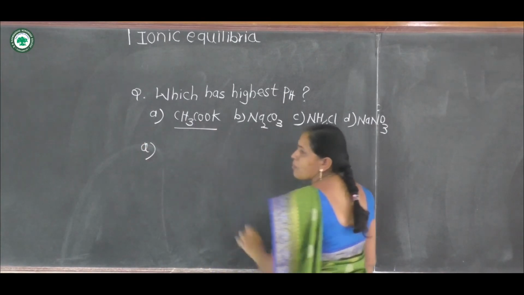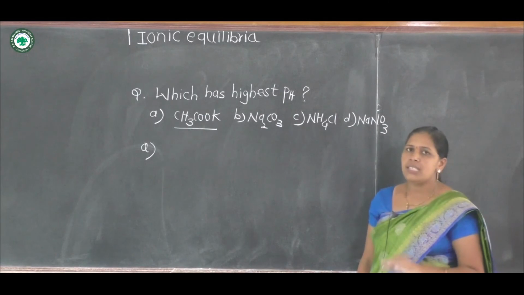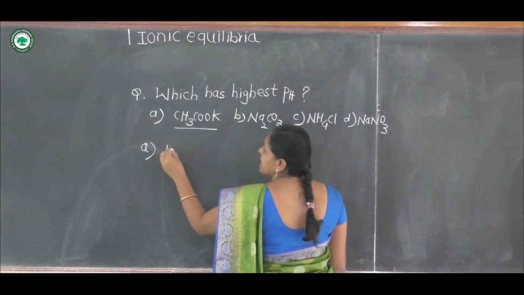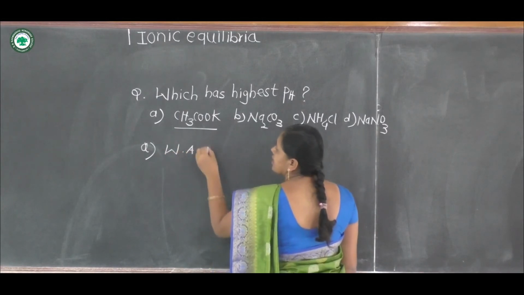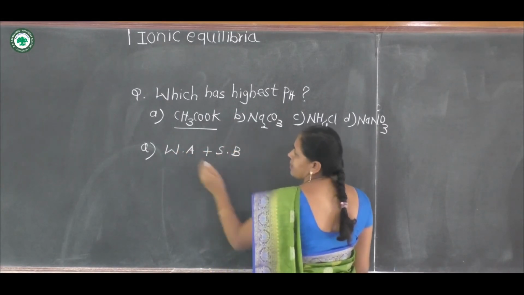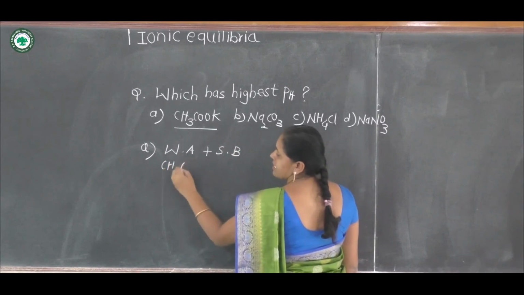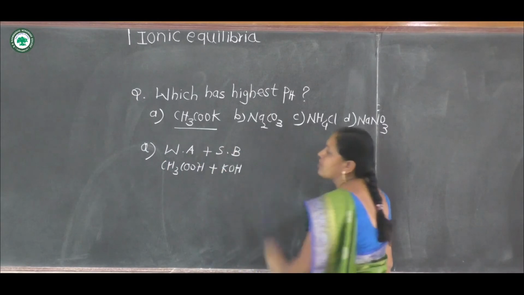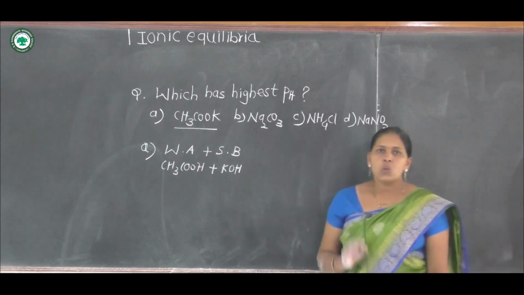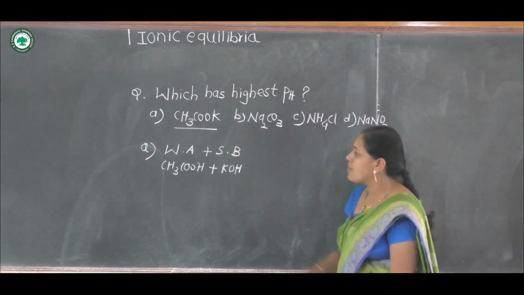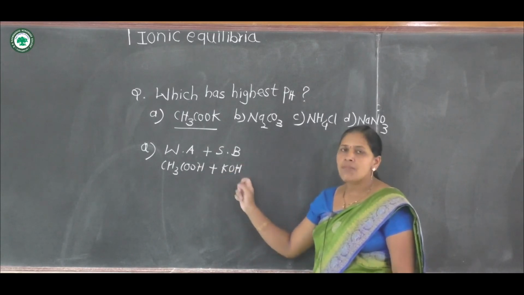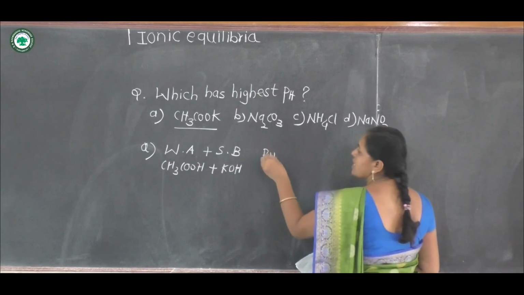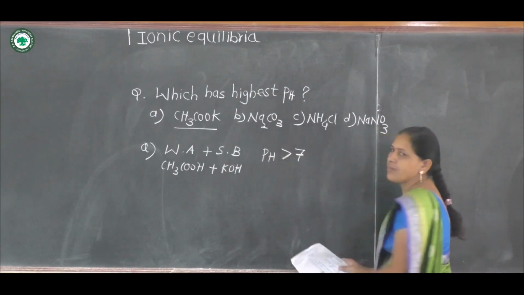First is option A. Potassium acetate is the salt of weak acid, acetic acid, and strong base KOH. And we know that a solution of a salt of weak acid and strong base is basic. That means its pH is greater than 7.